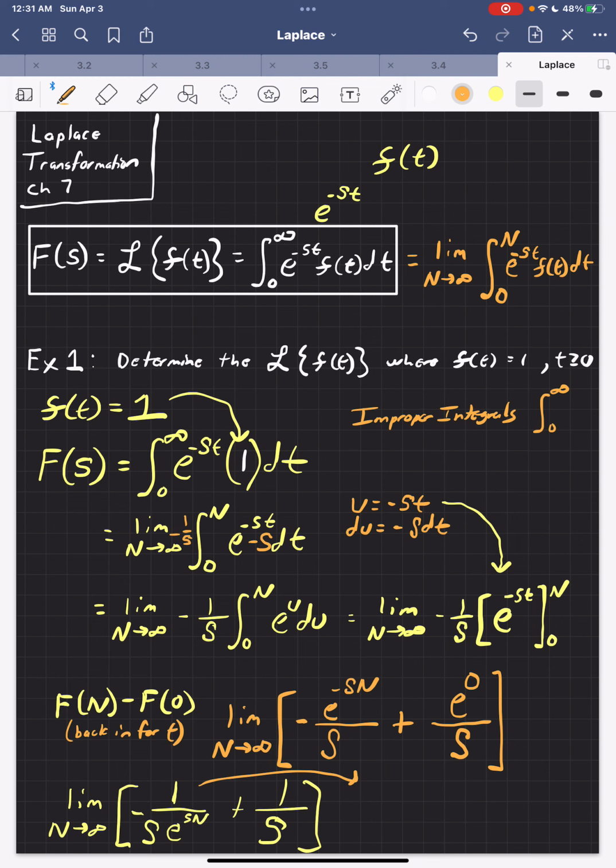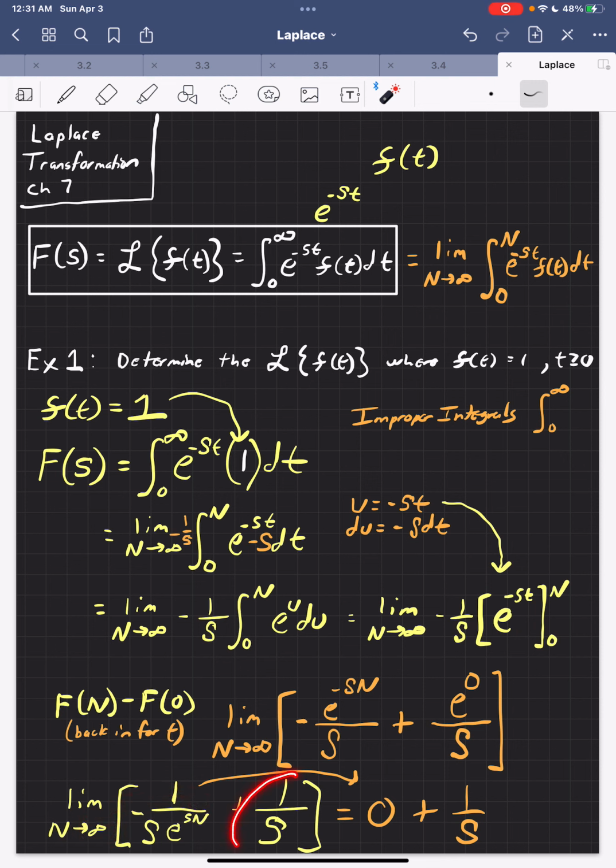So the limit, no, I'm not even going to write it because I think you see it. This is going to become 0 plus 1 over s, right? The limit has to do with n. So again, I'm going to use the language of plugging in infinity. You only plug it in anywhere there's a value of n.